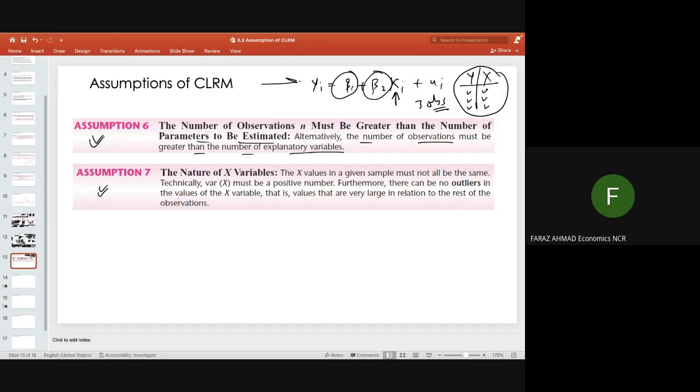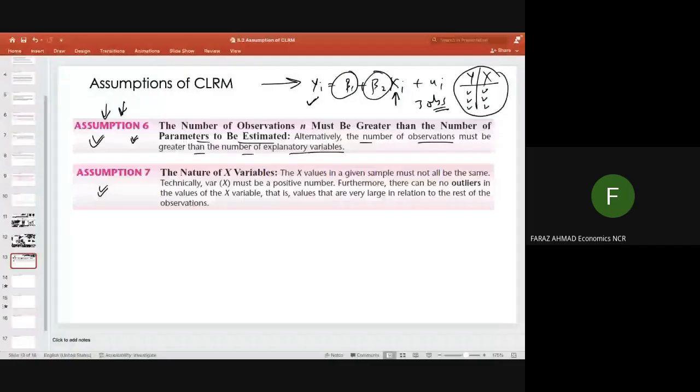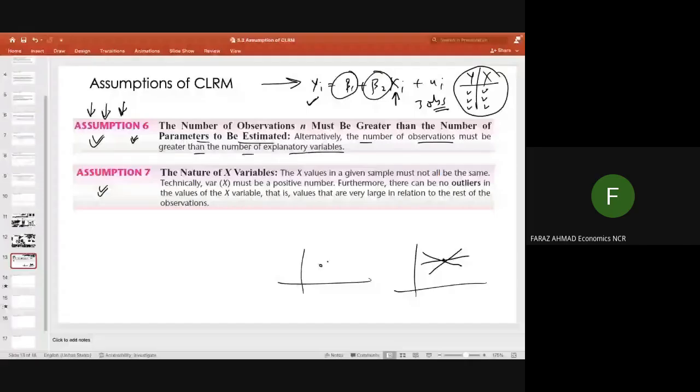This is assumption 6. This is highly simplistic, but because it was required to be mentioned, it is there. It is a sort of understood assumption when you're running a regression. If you have one point and you want a line, your line could be here, it could be here, it could be here. So there are infinite possibilities. If you have 2 points and you want a line, of course, the line will pass through both the points. So there are no errors.